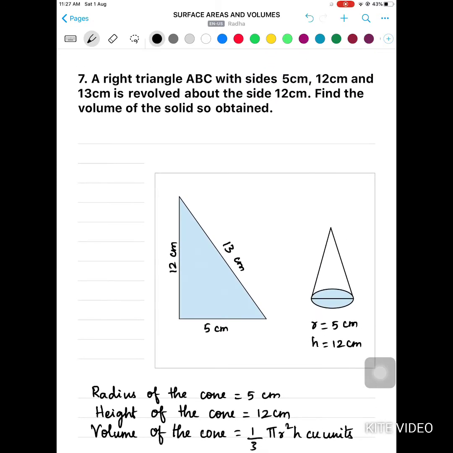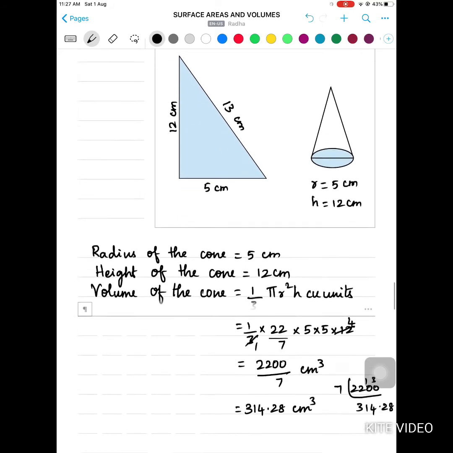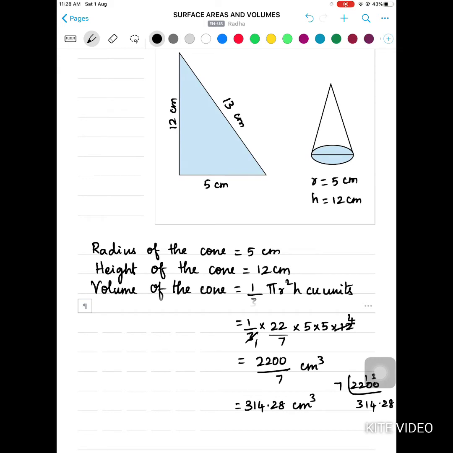Let me explain the problem again. A right triangle with sides 5 cm, 12 cm and 13 cm is revolved about the side 12 centimeters. Then the 12 centimeter side becomes the height, and when it is revolved, it forms a cone. The radius of the cone is 5 centimeter, height of the cone is 12 centimeter.